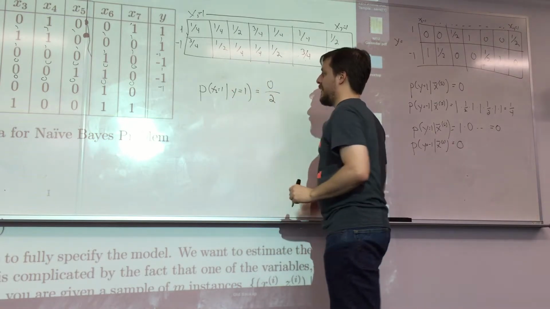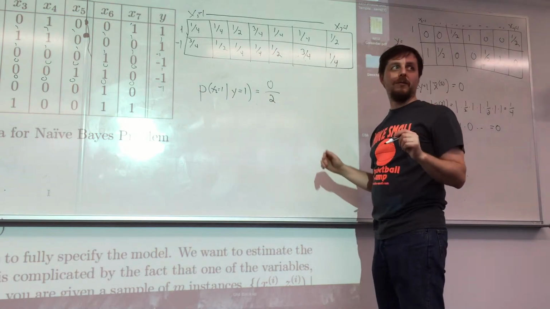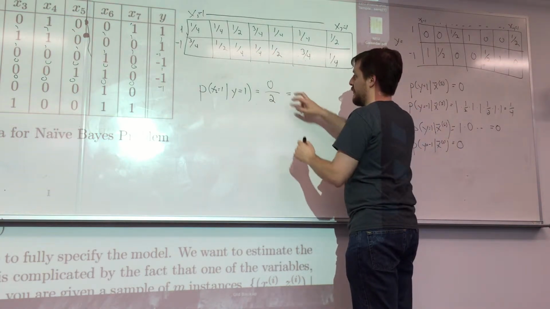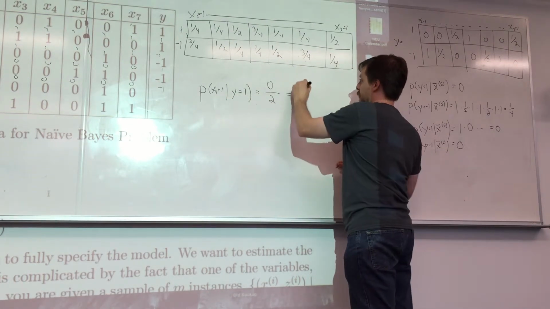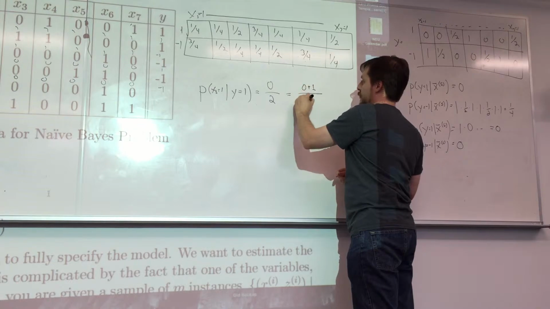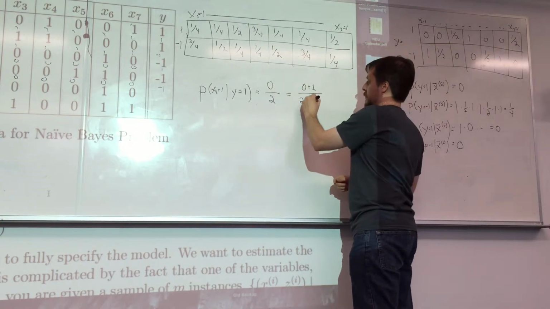So if I'm going to do Laplacian smoothing, I essentially put a pseudo count on the x1, so it's 0 plus 1, over 2 plus the vocabulary, which is 2.